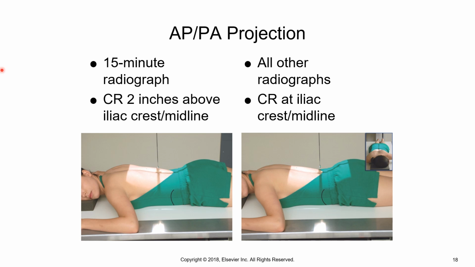This AP or PA projection is on page 527 of your book. We do a 15-minute radiograph, but notice in the book they usually will tell you that it could be 15 or 30 minutes. It completely depends on protocol at your facility.